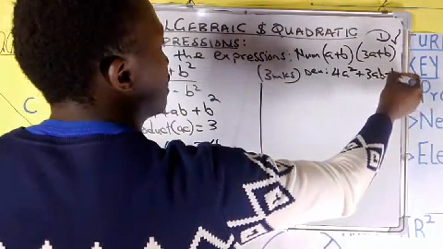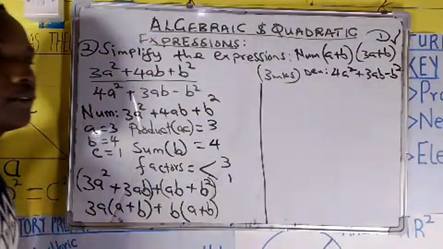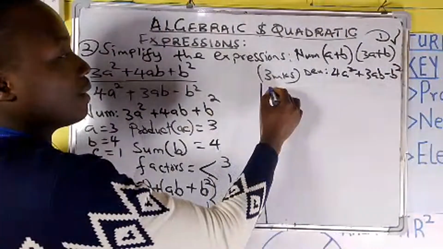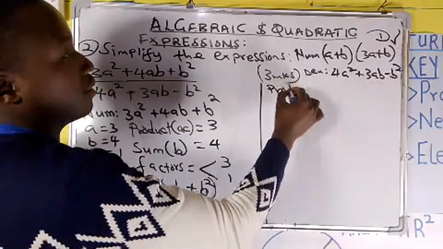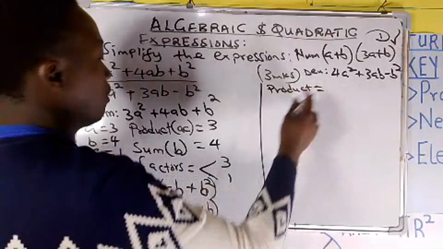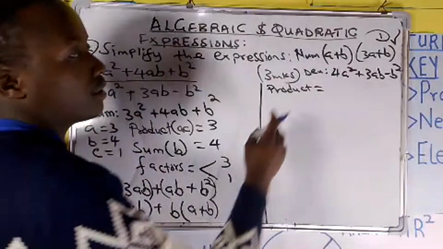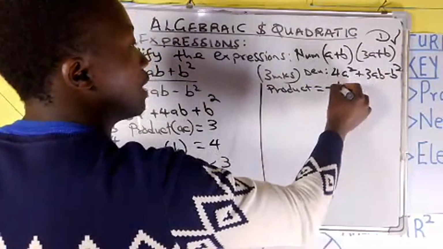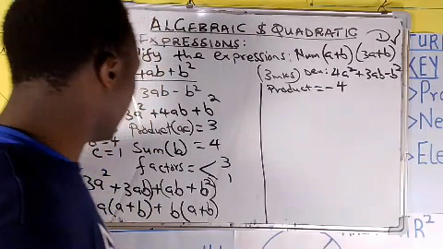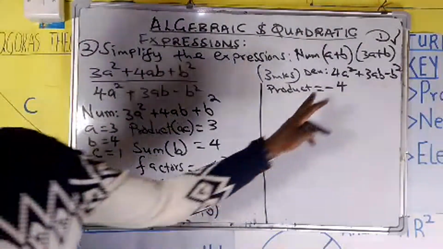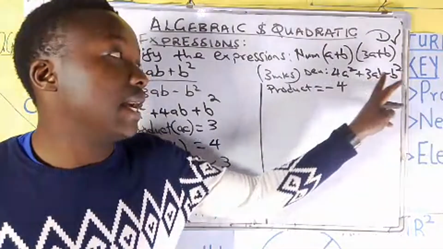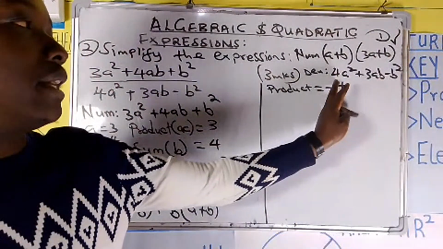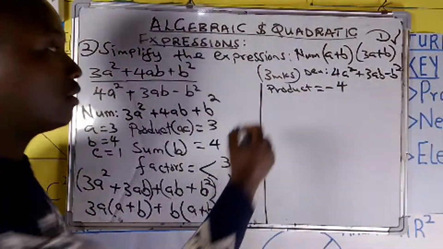Remember our product is AC, so it will be 4 times minus 1, which is minus 4. There is no need of listing down A, B, and C. You know our A is 4, our B is 3, and our C is minus 1. So 4 multiplied by minus 1 will be minus 4.